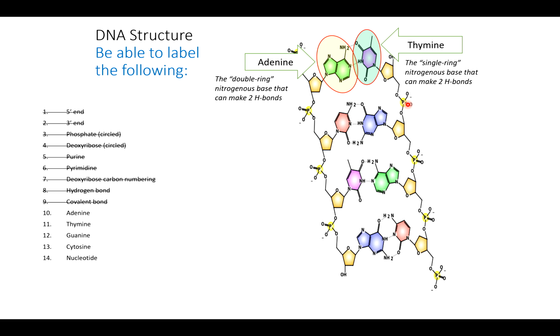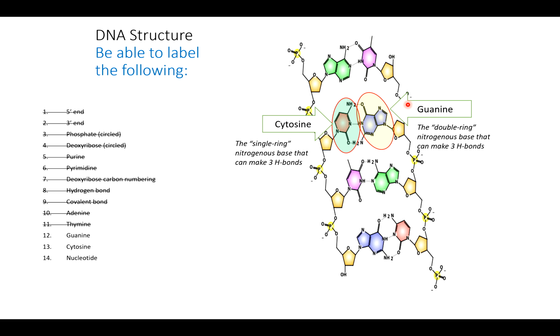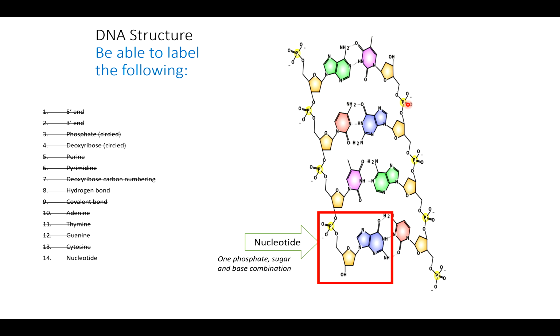Now the question is how to identify, because adenine binds with thymine by double hydrogen bond. So this is how we can recognize. Guanine and cytosine, triple hydrogen bond. And the last important structure is shown in one square box, one nucleotide. Very, very important.